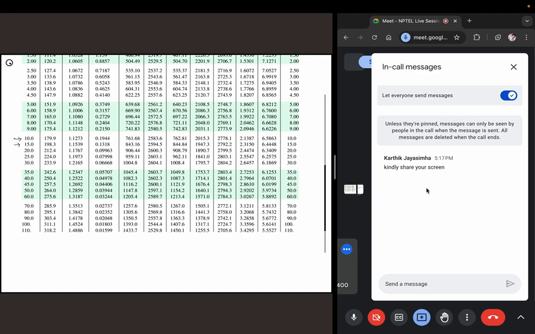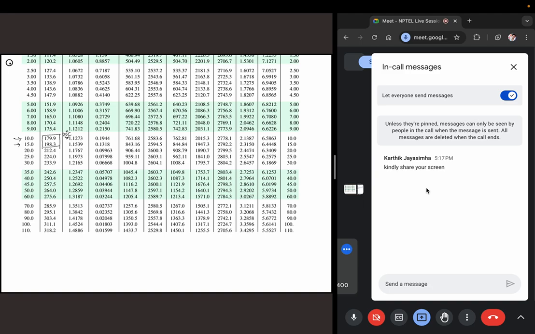Now if you see at 10 bar pressure, the saturation temperature is 179.9, but the temperature in our case is given to be 20 degrees Celsius, which means we are in the subcooled region initially. So from the subcooled region, you have to move up to the saturated liquid, and from saturated liquid, you have to move up to the saturated vapor phase.